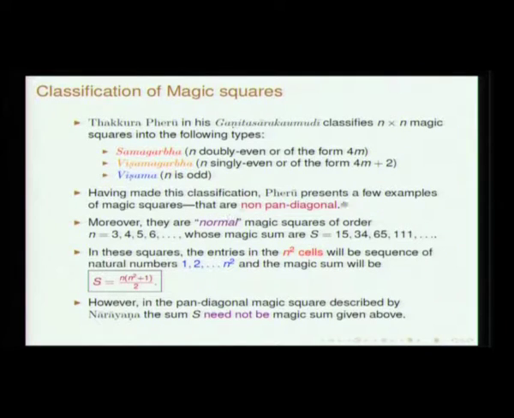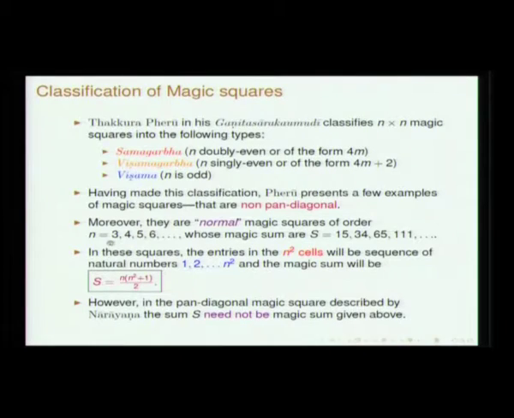The magic squares presented by Thakkara Peru in his Ganitasara Kaumudi are of non-pan-diagonal nature, whereas the ones presented by Narayana are pan-diagonal, and he gives examples of a few magic squares. Here n is equal to 3, 4, 5, 6, all of which have been given by him.